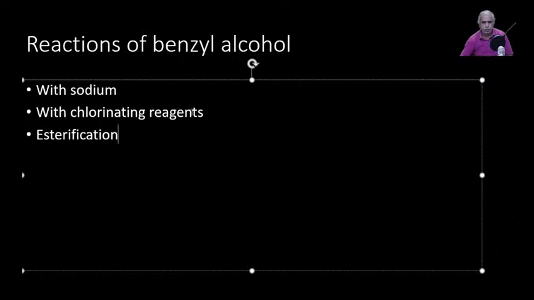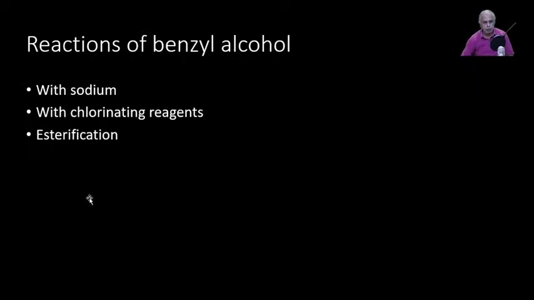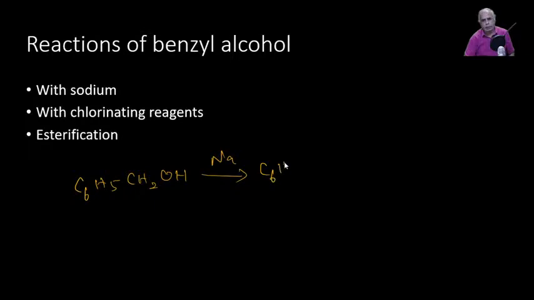Now let us proceed with the first one, reaction with sodium, so that you can get C6H5CH2OH. On reaction with sodium, you can have sodium benzoxide, C6H5CH2ONa, with the removal of hydrogen.